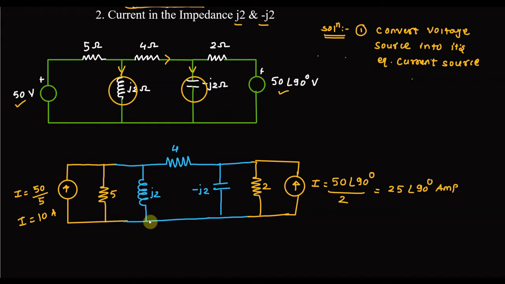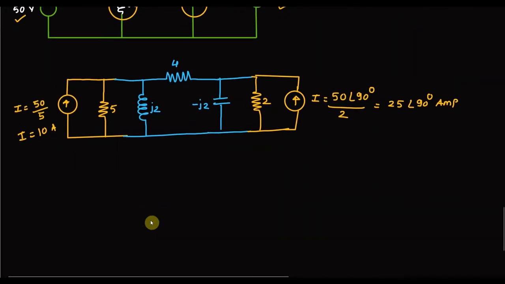Okay. Now, according to the nodal analysis, what is our next step? We will identify the number of nodes here and we will find out the node voltages. Okay. So just by observation, can anybody tell me how many nodes are there? Anyone? Hello, students.